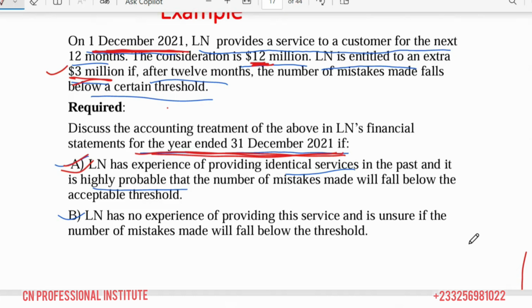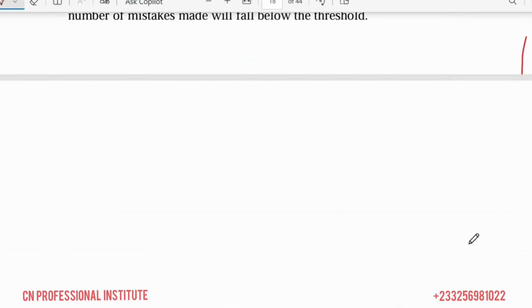So let's go and solve it. So with A, we said the transaction price here will be the 15 million plus the 3 million.